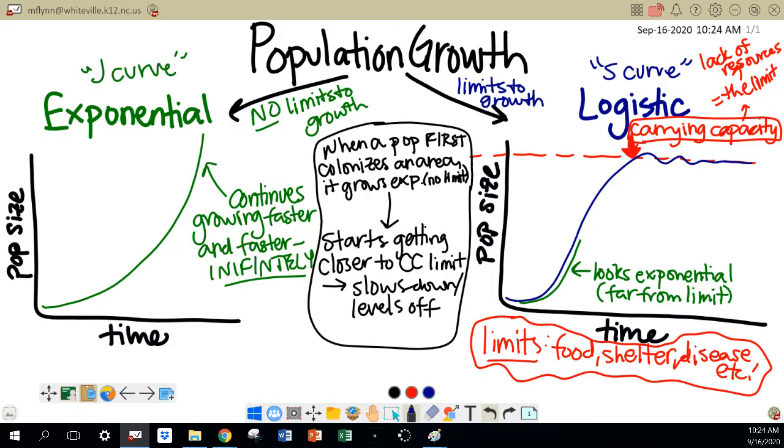And then it starts to slow down as it approaches the limit. And then here, it hits the limit, and then growth halts.